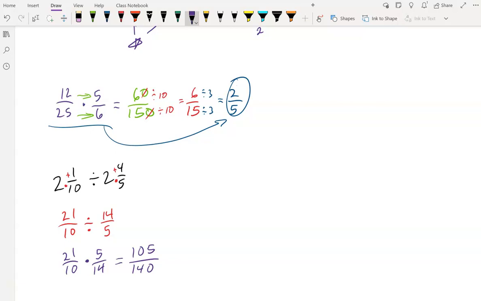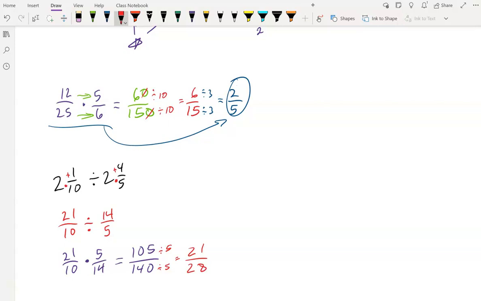Now I recognize that both of these can be simplified. The numerator and the denominator can be divided by a common factor of 5 for sure. Okay, now so that would give us 21 here, and 140 divided by 5, and I know it's divisible by 5 because it ends in a 0, is 28. 21 over 28.